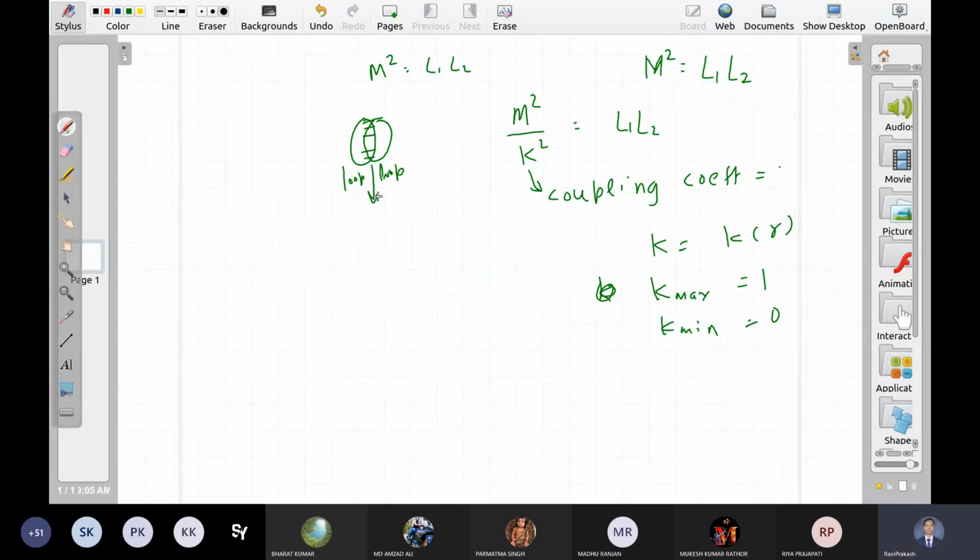So this is the case of two solenoids inside each other. Let us say this is one solenoid and we have another solenoid of almost the same size. If we have this case, then we can have this relation.